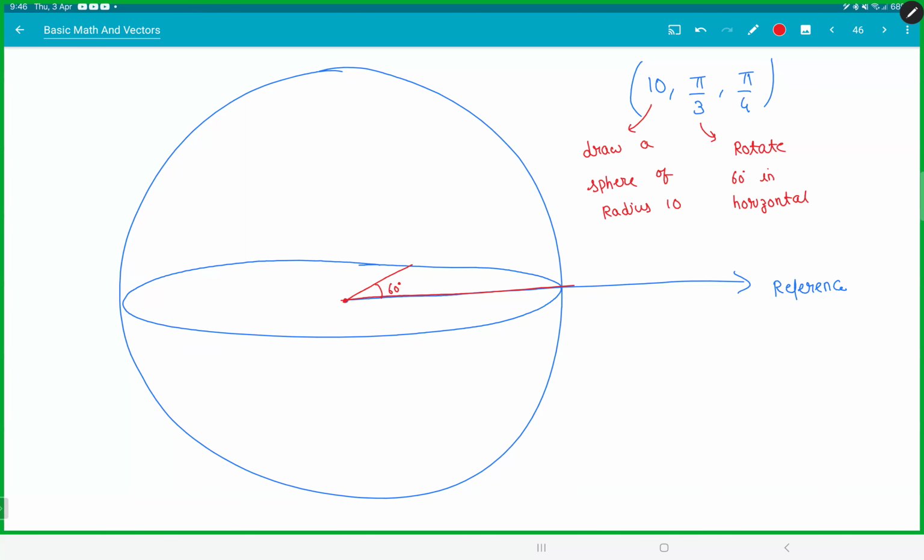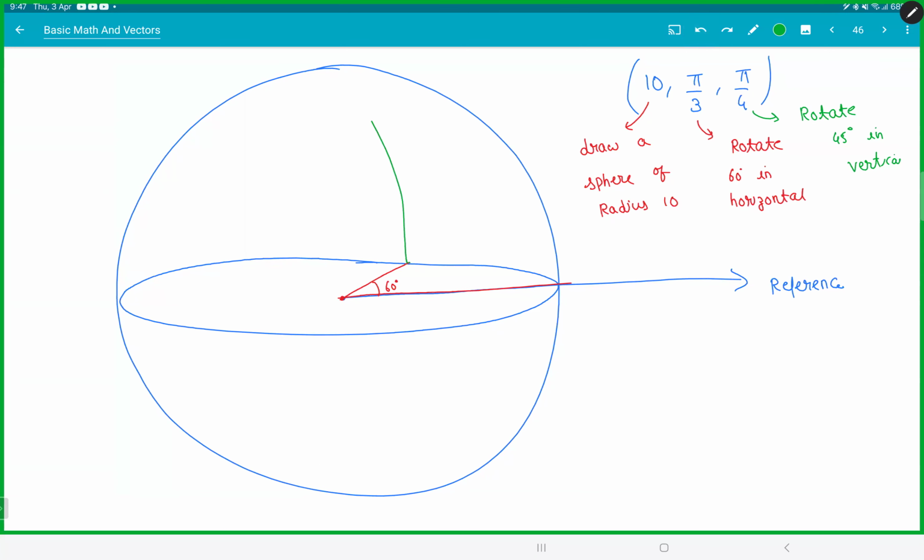What is pi by 4? Rotate in the vertical direction, meaning you have to go towards the pole. From here, I will draw a circle like this, basically a meridian. In geography, that's what we call a meridian. And this angle is 45 degrees. This is the location of the point P.